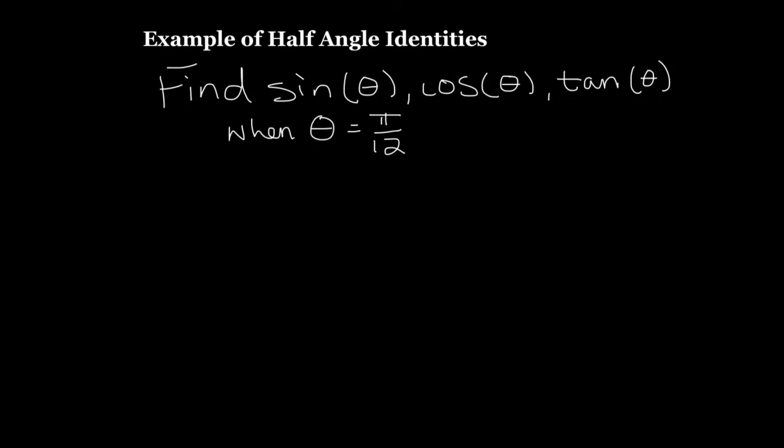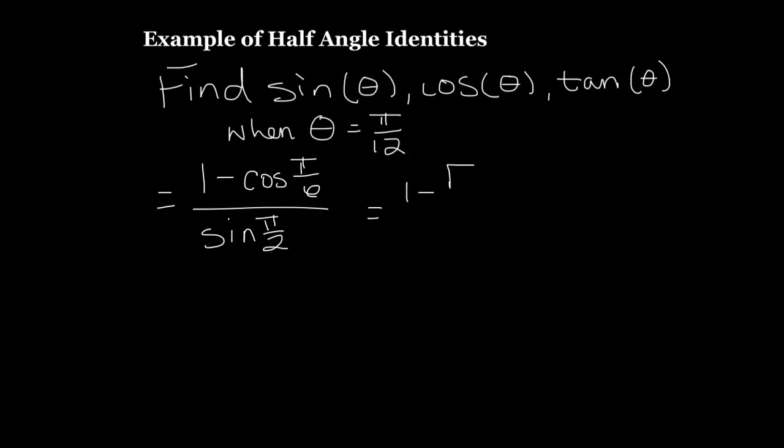So one more example here, we're going to throw in the tangent one. Remember, we have some options. It doesn't really make a big difference here, so I'm just going to fill this in. We have 1 minus the cosine of pi over 6 all over the sine of pi over 6, which equals 1 minus root 3 over 2 all over 1/2.